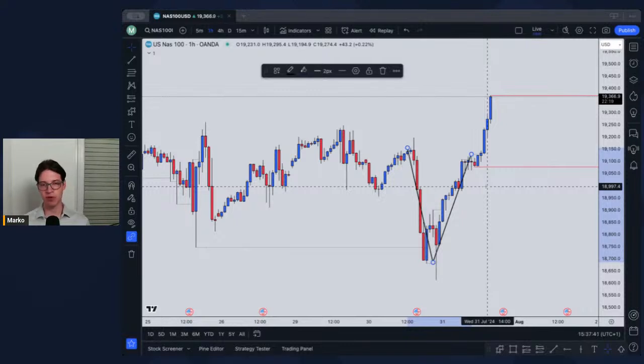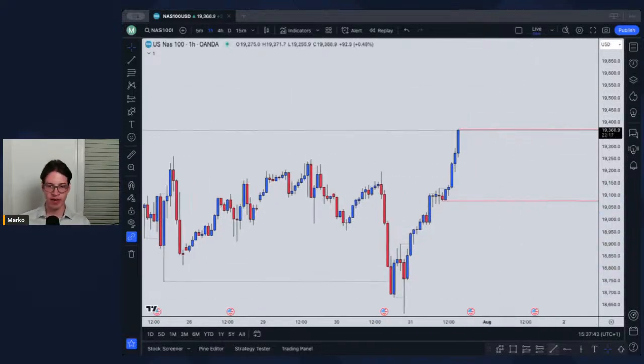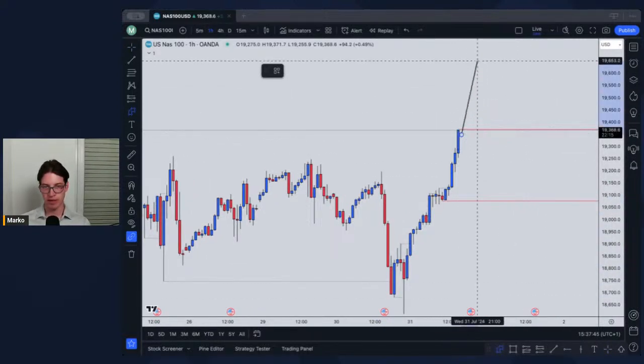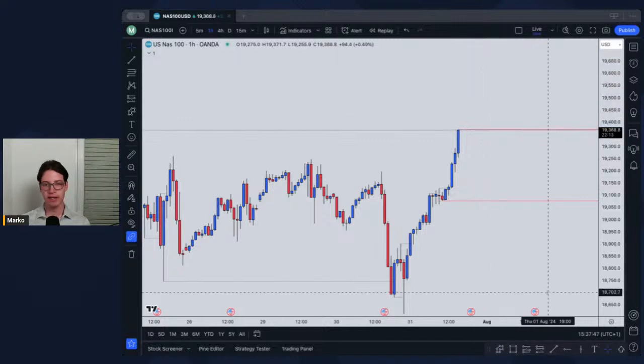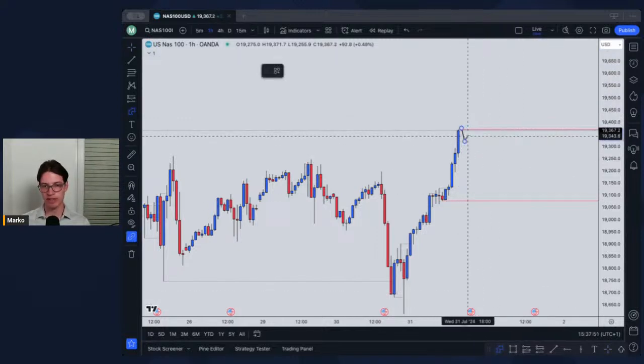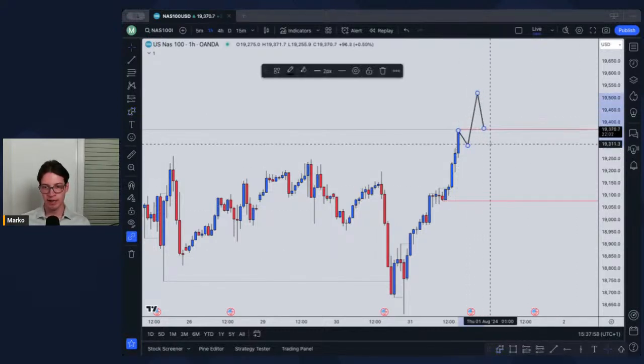I would not be surprised if we see more buying like this. I would definitely be interested if I was trading this live. I would definitely be interested in a nice flag or in a nice pullback, break of the high, retest of the high. Yeah, it would definitely be on my radar.